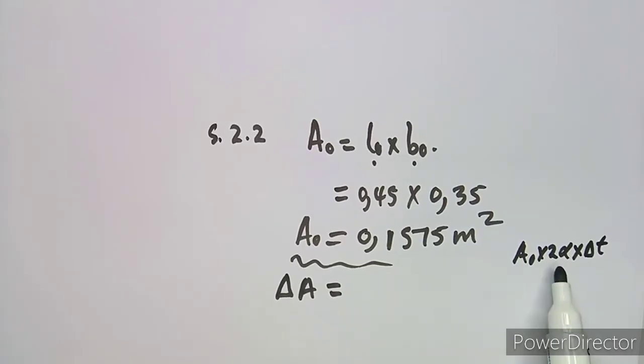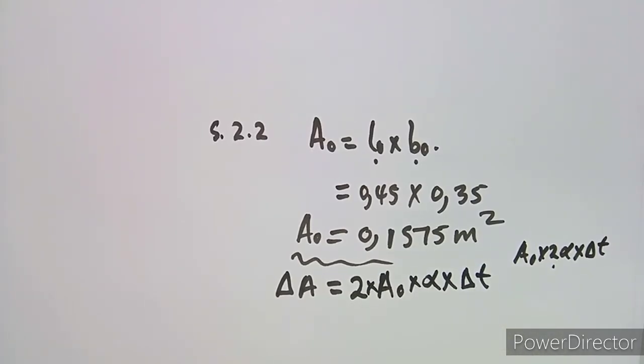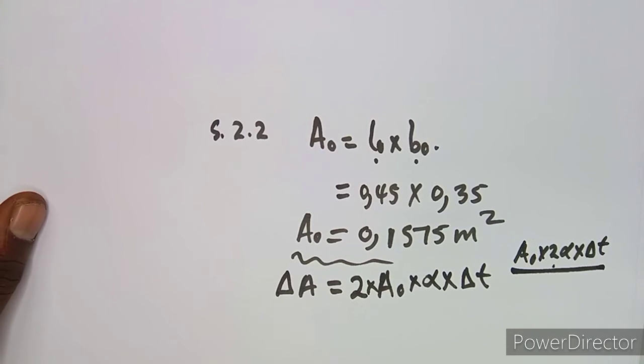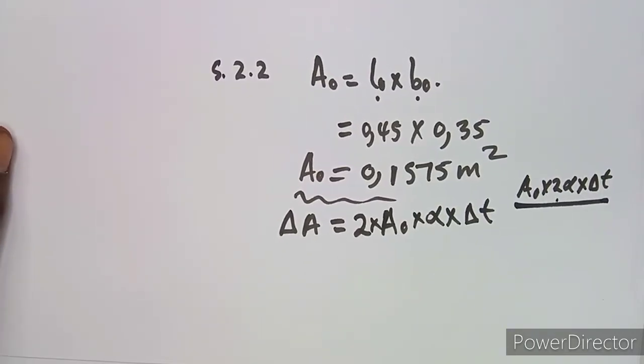So that's why I'm saying you can start with this 2, it's fine. You can write it as 2 times the original area times alpha times the change in temperature. It's still one and the same thing. As long as these are multiplying each other, you're going to obtain this change in area, which was the increase in area.